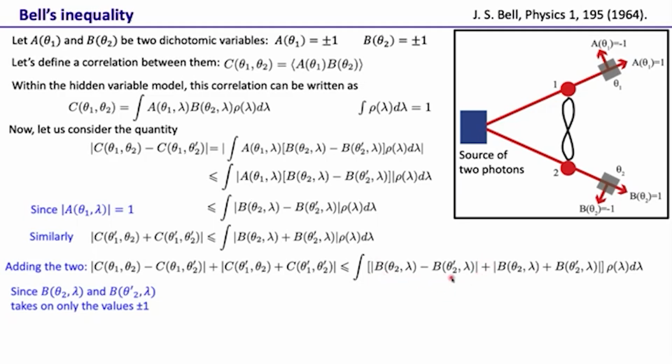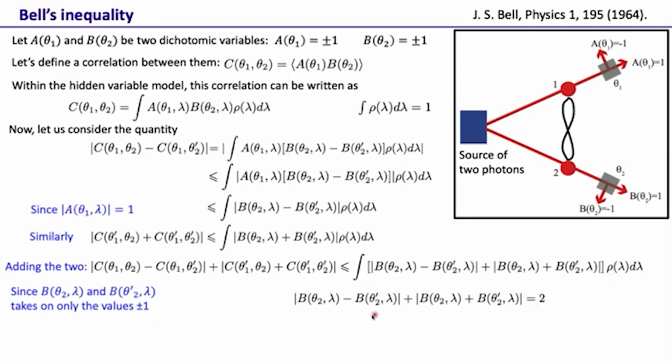So either this one is 0 and this one is 2, or this one is 2 and this one is 0. That's why the thing inside will always equal 2, because either this is 2 and this is 0, or this is 0 and this one is 2. Hence this quantity is basically equal to 2.